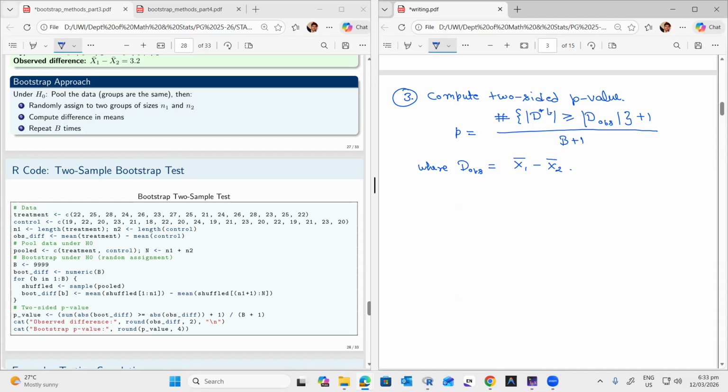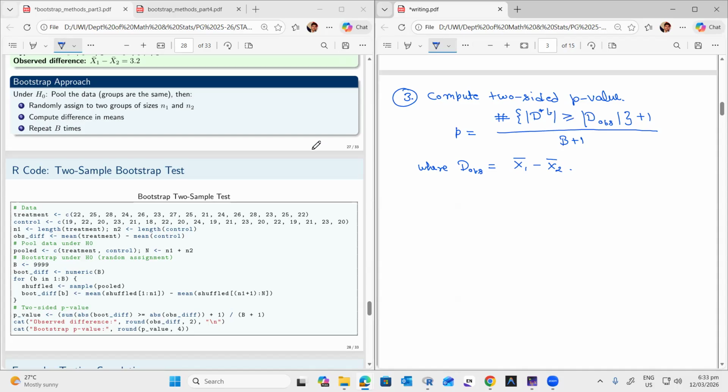So we need to compute the p-value as the sum of the total number of observations of our differences of the mean, where the absolute value of the differences is greater than or equal to the observed mean difference from the actual value.